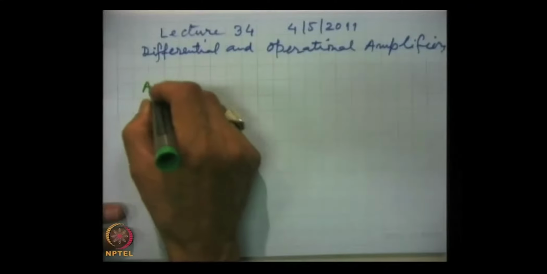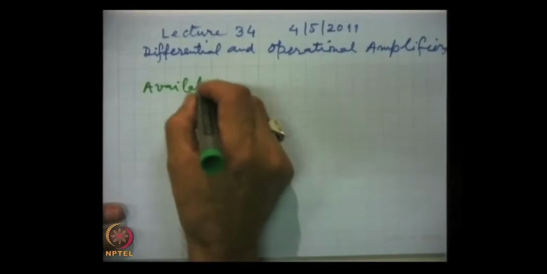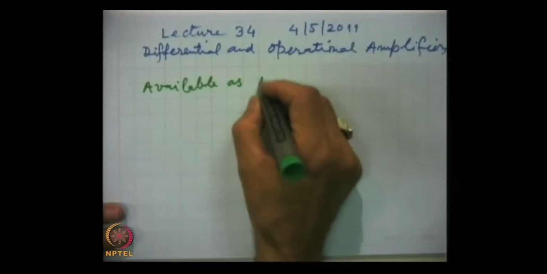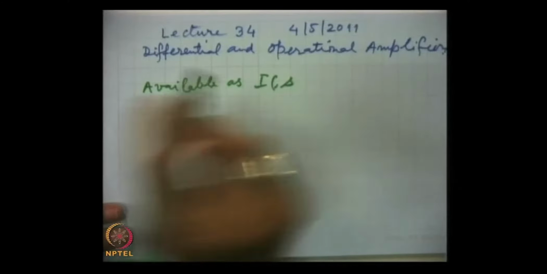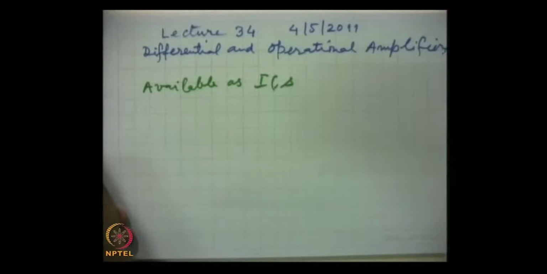So, they are available as ICs, integrated circuits. In integrated circuits, large value capacitances are difficult to fabricate.